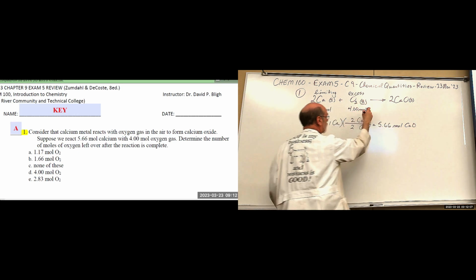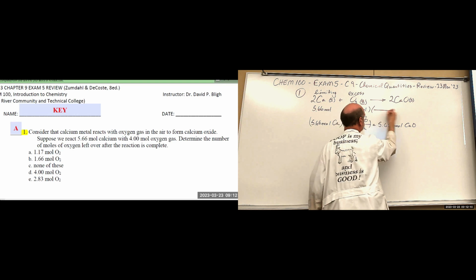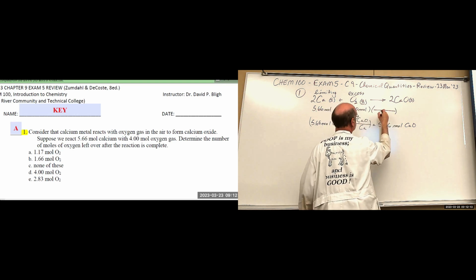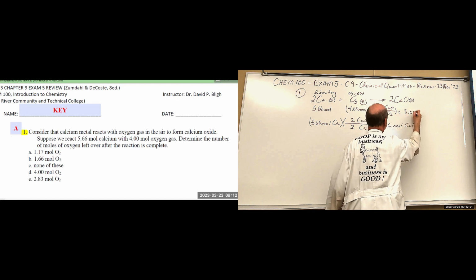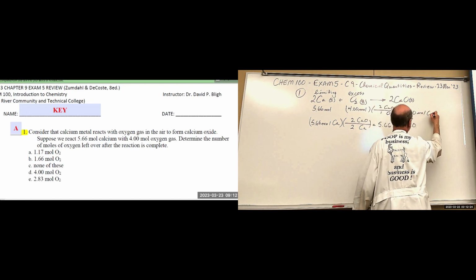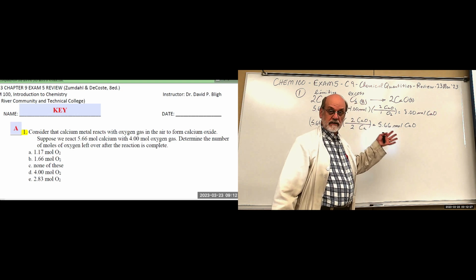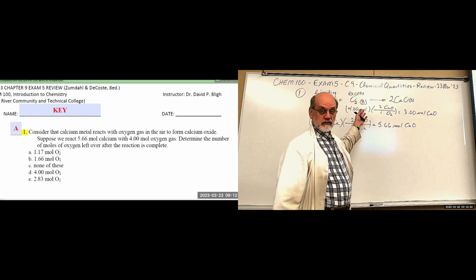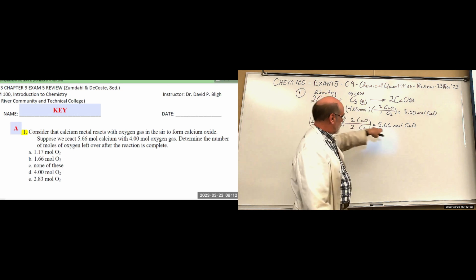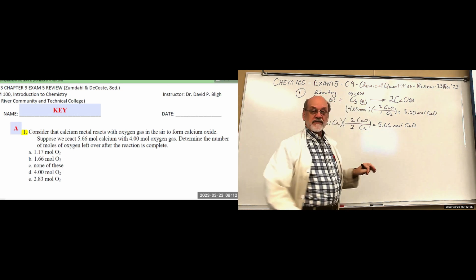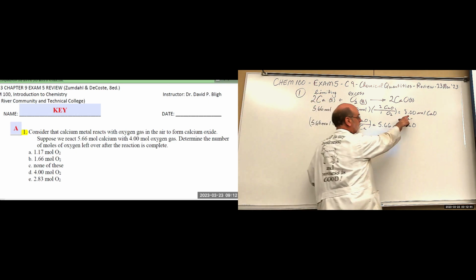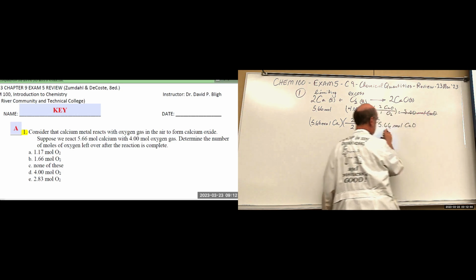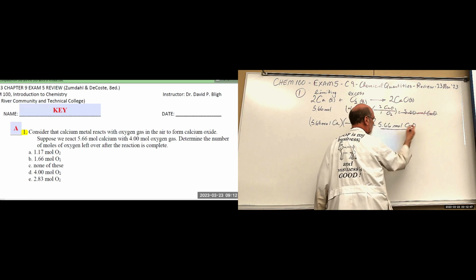But if we convert this one to calcium oxide, we find that oxygen on the bottom, calcium oxide on the top, 2 here, 1 there. We have 8 moles of calcium oxide would be possible if all of the oxygen were consumed. But we see that calcium is limiting. So calcium is going to run out first. That means that this will never happen. This is how much calcium oxide you'll produce, okay?